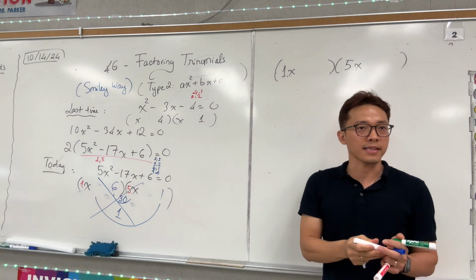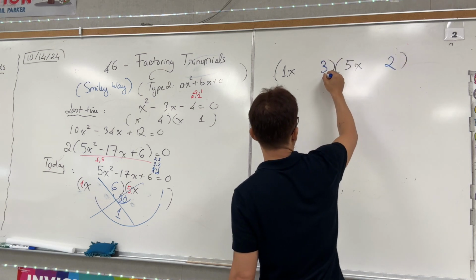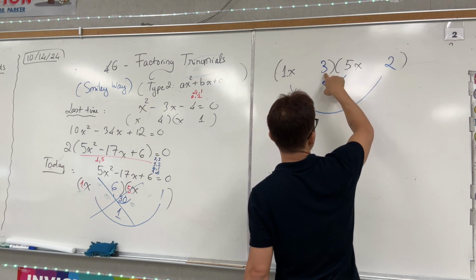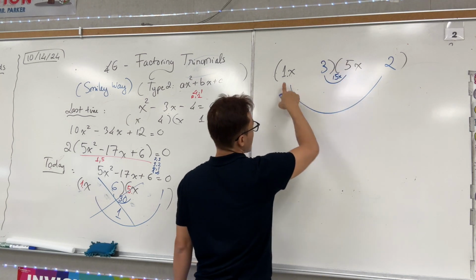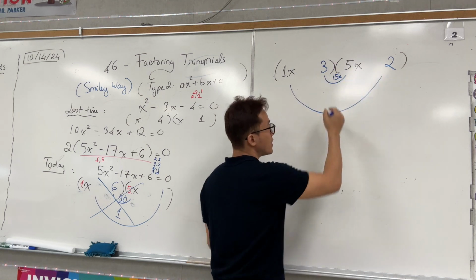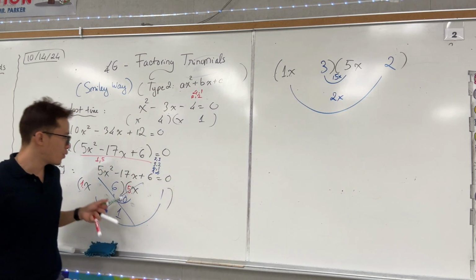Now which one do you want to try next? 3, 2. Alright, now the smiley way, let's go. That means 3 times 5. What is 3 times 5? 15x. 1x times 2 is 2x. Do you think 15x and 2x can give you negative 17?